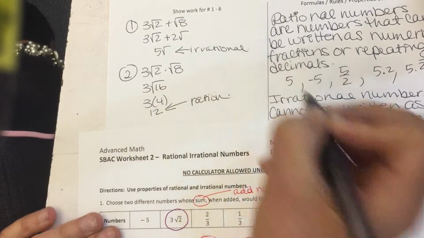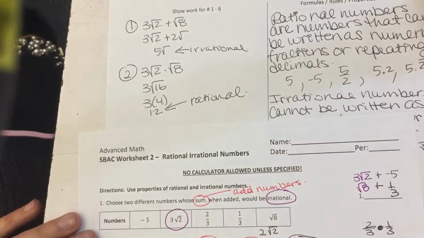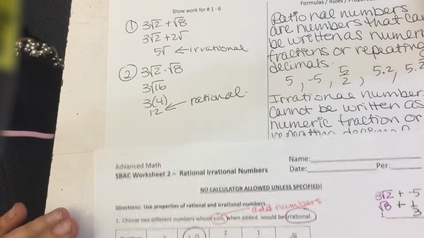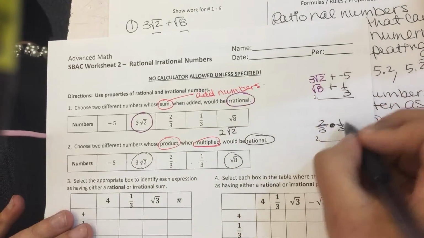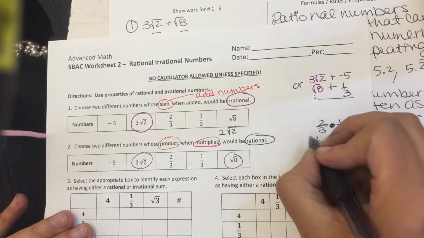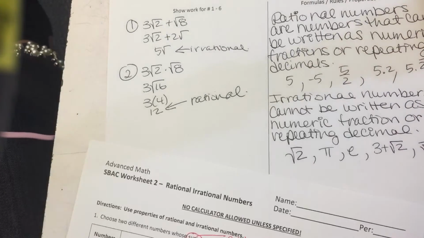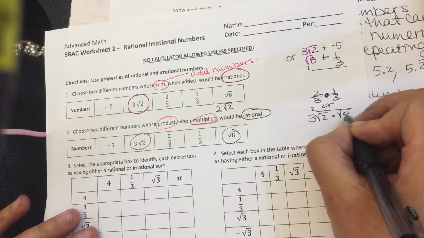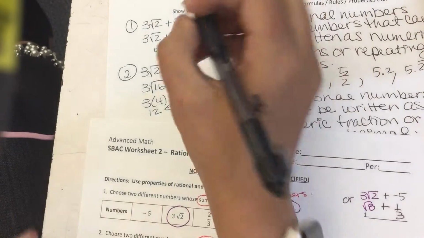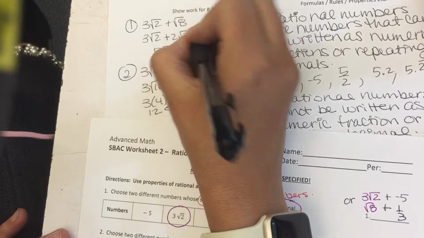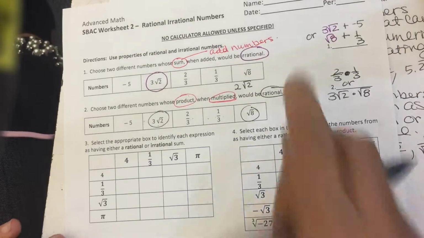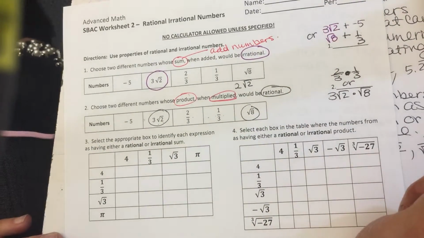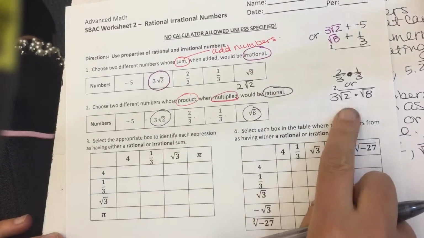Now, it's not saying to pick the most difficult one, so go for the easy one. So I'm going to put that one, or this one, I put 3 root 2 times root 8. Let's put my 2 back in there. I think there's up to 7 choices on that one. This one, I think there's probably a lot of choices on that one as well.